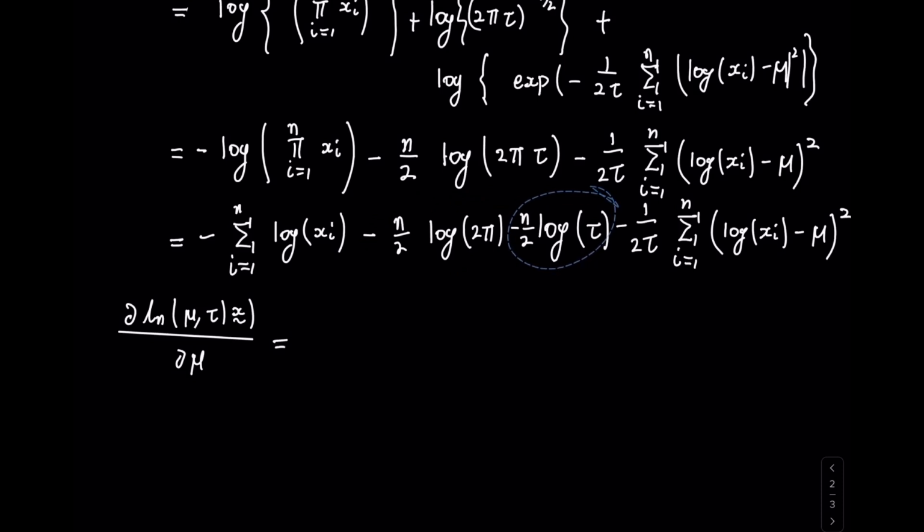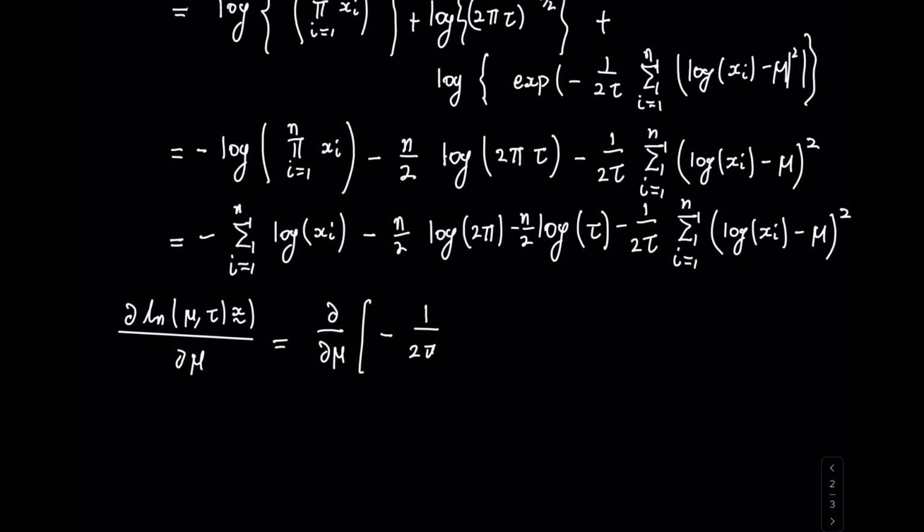This term doesn't depend on mu, differentiated goes to 0. The only term that does depend on mu is this term here. So I will probably rewrite this as the derivative with respect to just the last term.